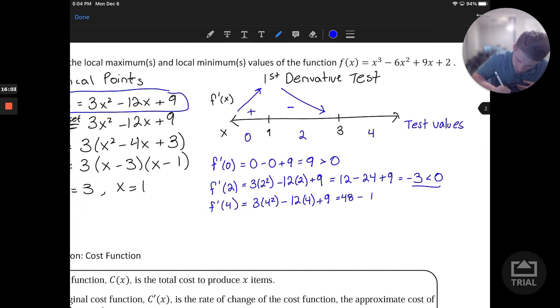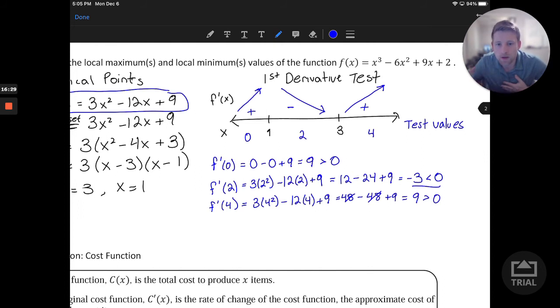And then minus 48 again, and we'll have a plus 9. So these will cancel, and it looks like we get 9 again, which is going to be greater than 0. Again, the value there doesn't matter. The only thing that matters there is our sign. So that would be positive, increasing again there.